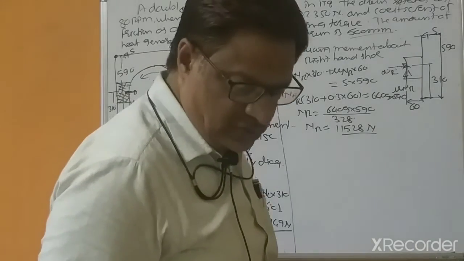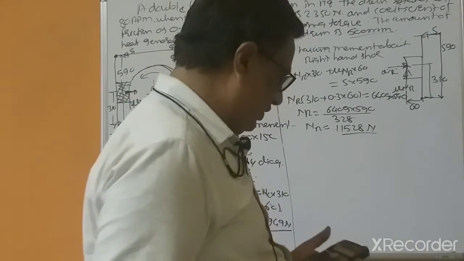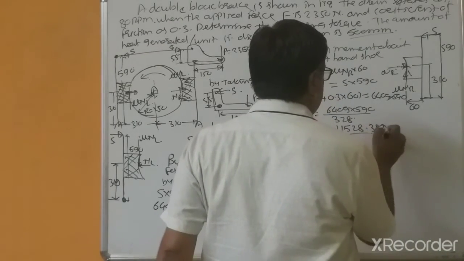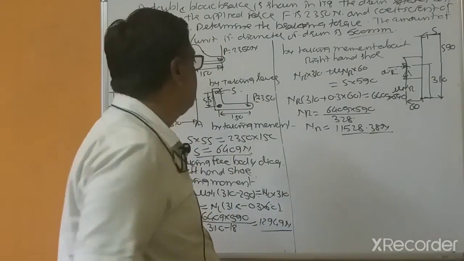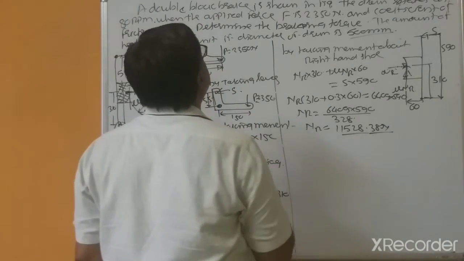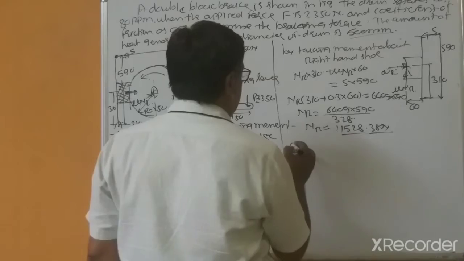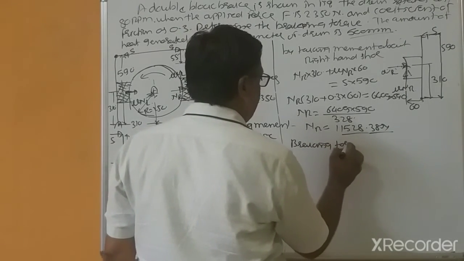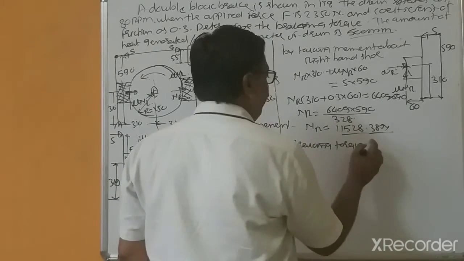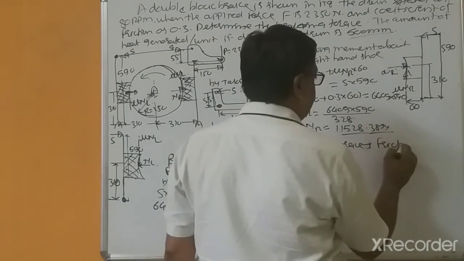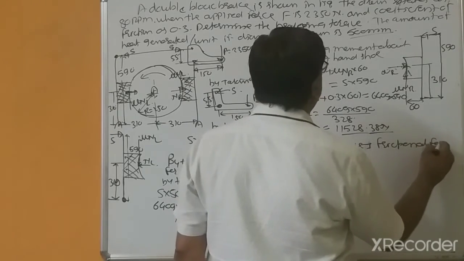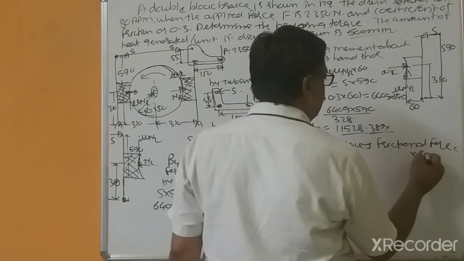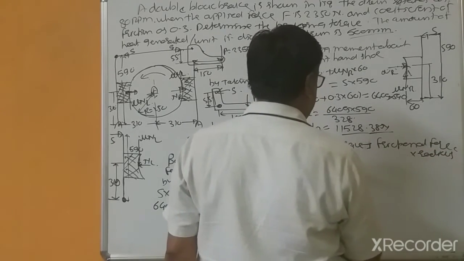Previous 12,950, right, and 11,528.38 Newton. So right, now total. So what is to be calculated? Determine the braking torque. Braking torque equal to frictional force multiplied by radius.